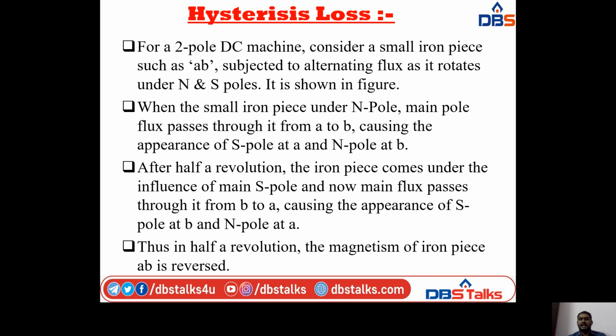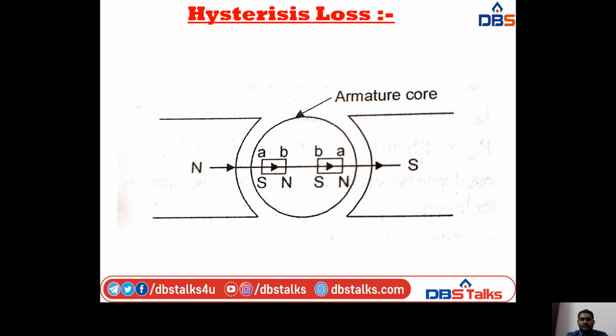Here I am taking a two pole DC machine. For a two pole DC machine, consider a small iron piece such as AB. If you observe the diagram, in between the south pole and north pole we have one armature core, and between the poles there is one thick horizontal line, indicated with arrow marks.